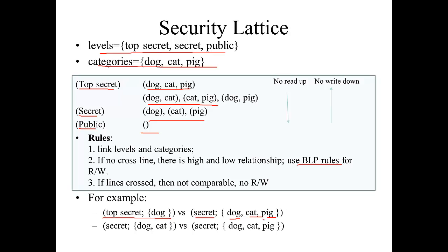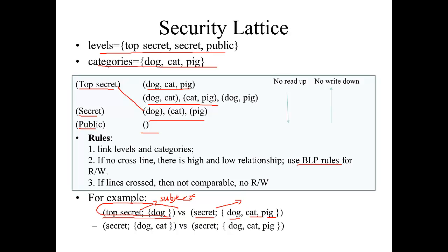Okay, let's determine whether this subject can access this object. Let's see top security, then dog. We mark them, based on the subject's information.